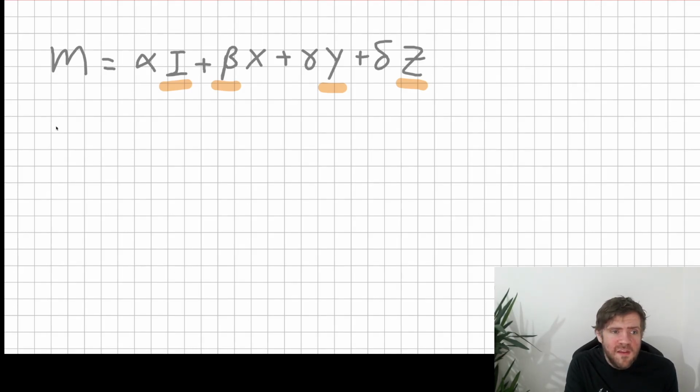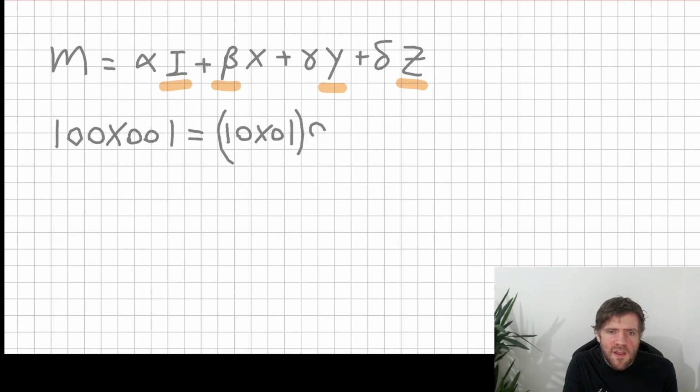And similarly, if you have a term like this outer product of 00 with itself, this is the tensor product of the outer product of 0 with itself and the outer product of 0 with itself.